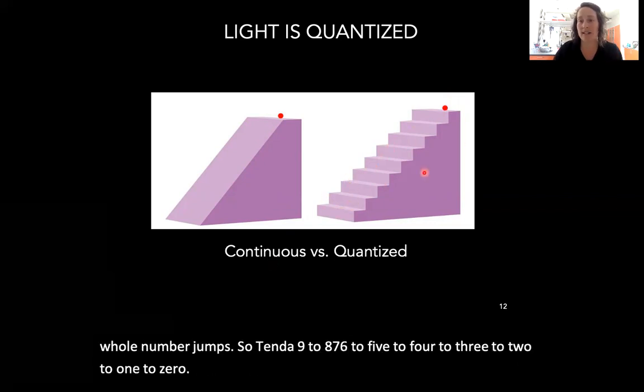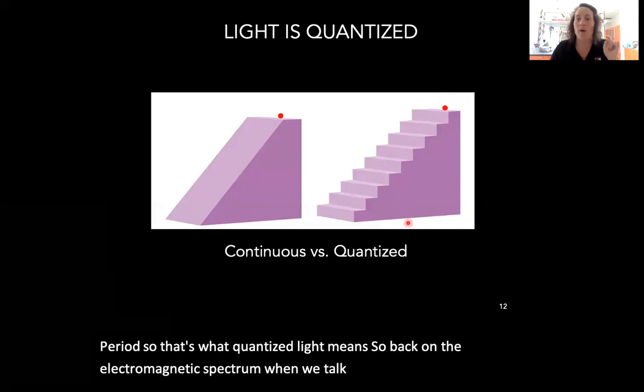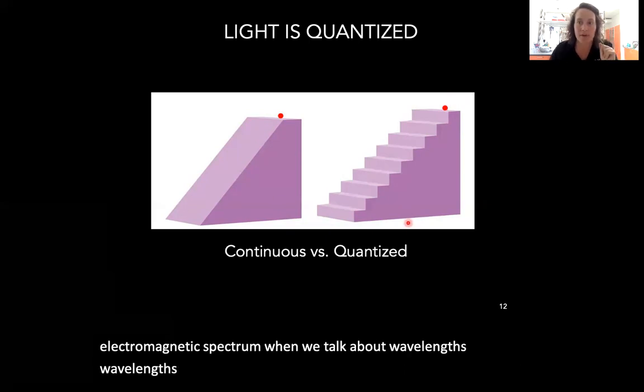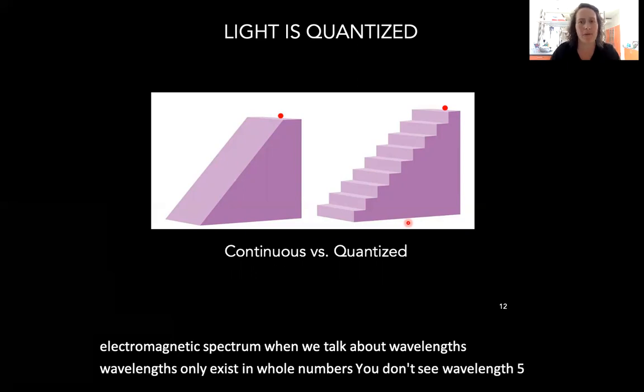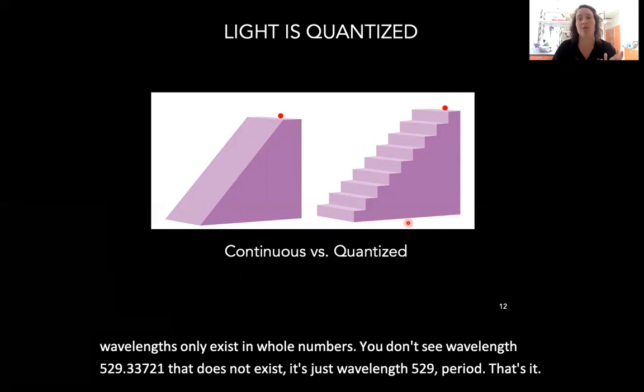That's what quantized light means. So on the electromagnetic spectrum, when we talk about wavelengths, wavelengths only exist in whole numbers. You don't see wavelength 529.3333721. That does not exist. It's just wavelength 529, period. That's the difference between continuous and quantized.